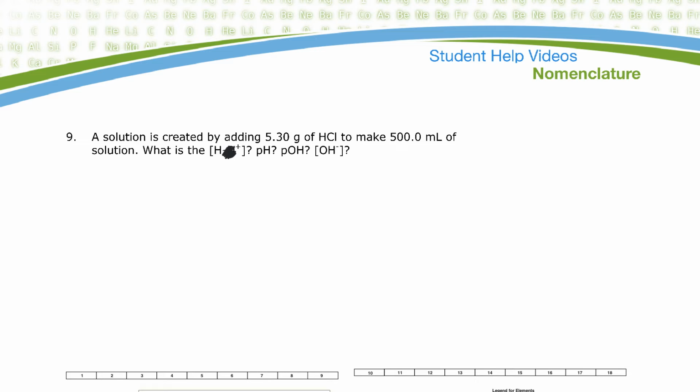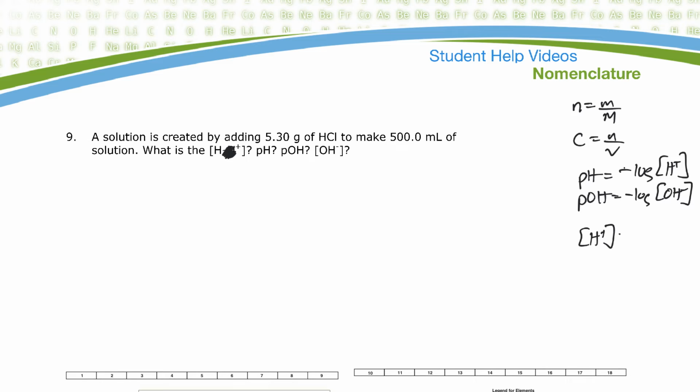So to begin with, I have all my pH formulas. pH is negative log of the hydrogen ion concentration. pOH is negative log of the hydroxide ion concentration, and then hydrogen ion concentration is equal to 10 to the negative pH. Hydroxide is 10 to the negative pOH.